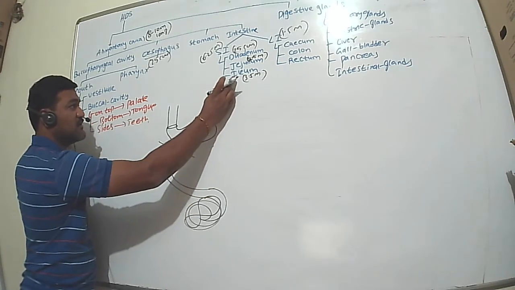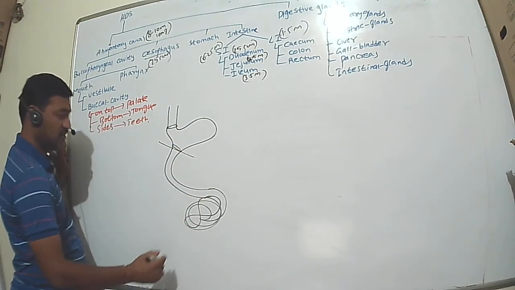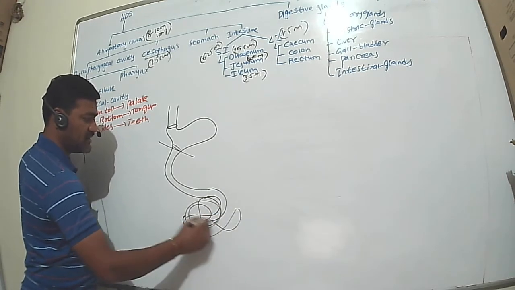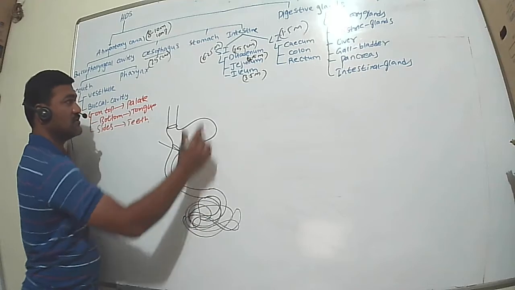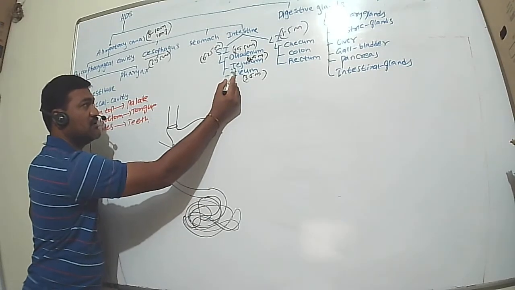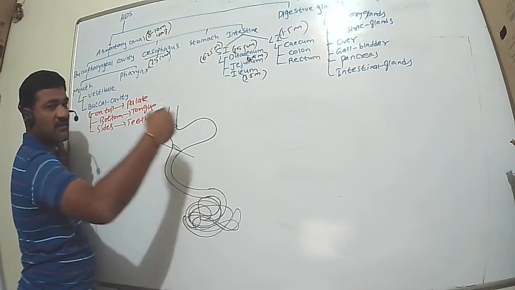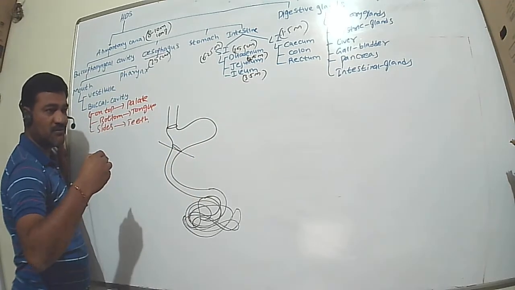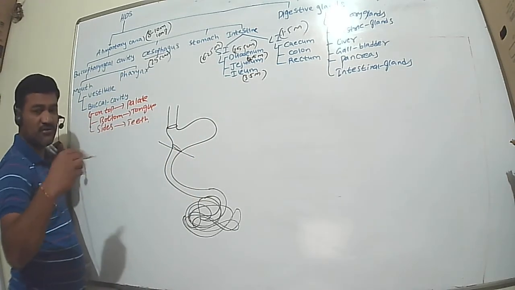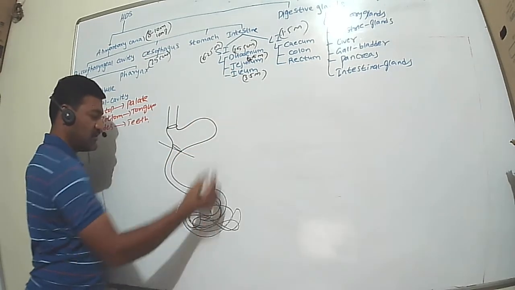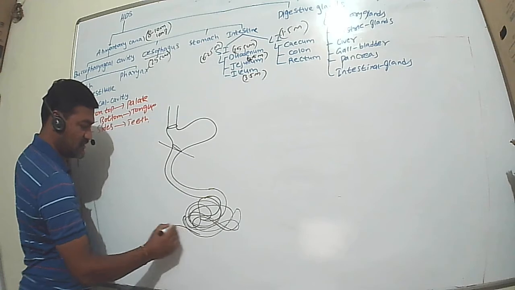Absorption of food starts in the ileum, which is a much coiled part. Jejunum is loosely coiled and ileum is very much coiled, because when it is very much coiled the length increases, more digested food is absorbed, and the rate of absorption increases.